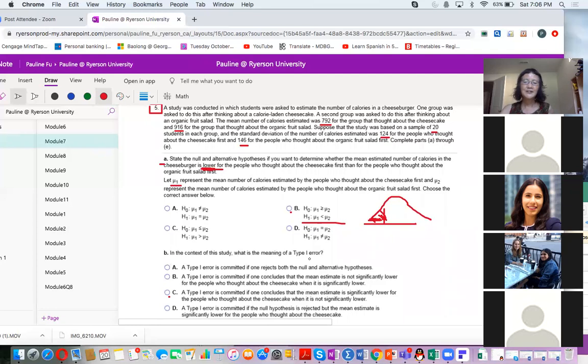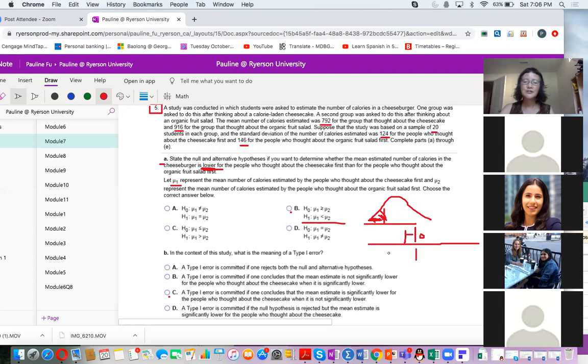I strongly suggest you draw a table for the definition of type 1 error and type 2 error. So remember the result of H0 only has two results.